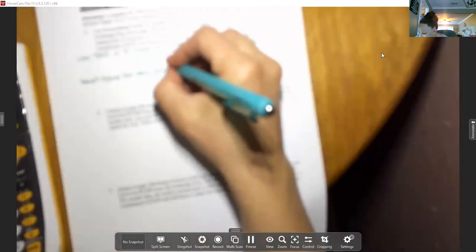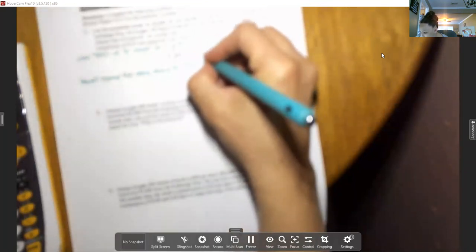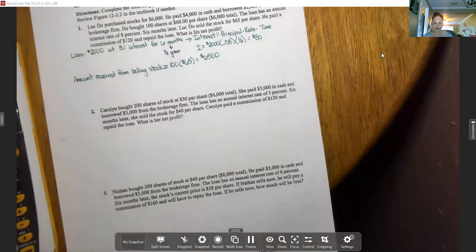I'll do an equal sign here. So he has 100 shares. And when he goes to sell them, he sold them at $65 per share. So 100 times $65 is $6,500. So that's what Luke gets when he sells his stock.